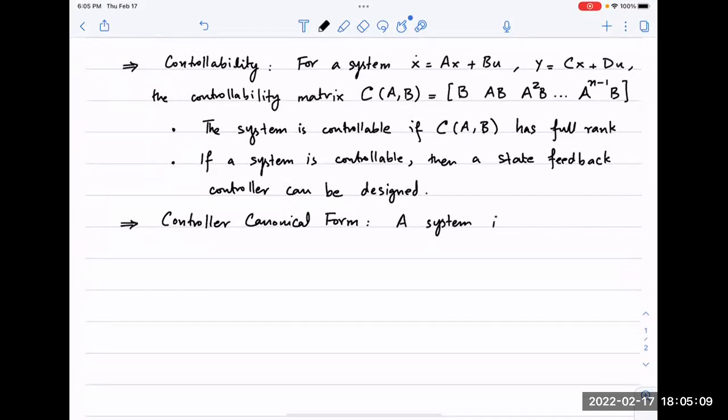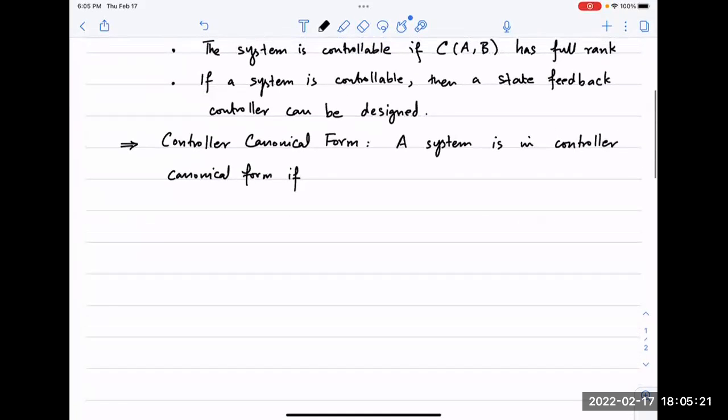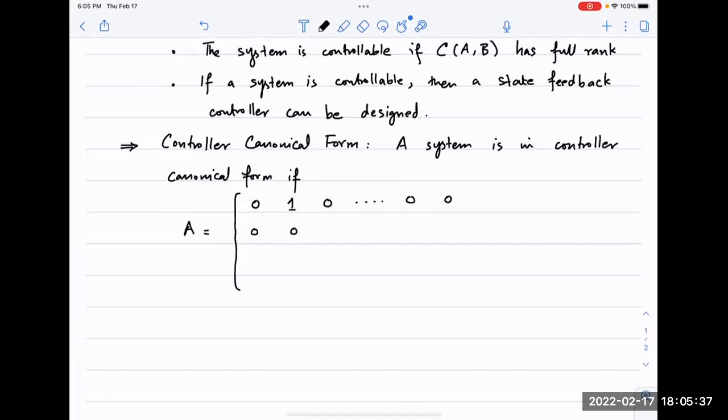A system is in controller canonical form if the matrix A has a special structure, wherein you have a 0, 1, 0, and then all zeros, and then an identity matrix after the first column.